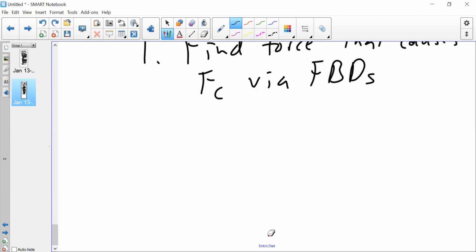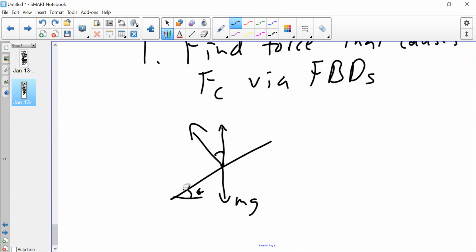via FBDs. Okay, so we have this banked situation, so the normal force is like that. And then we have a weight coming down. And then we have, so this is theta, opposite that, geometry will prove that this is theta.